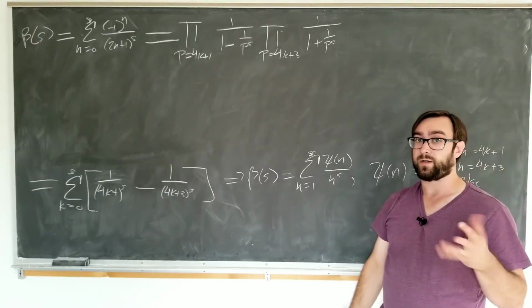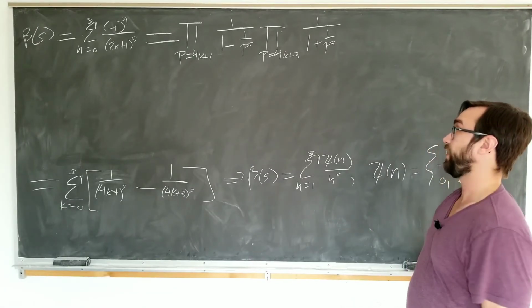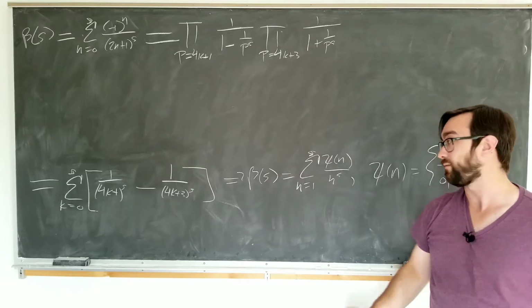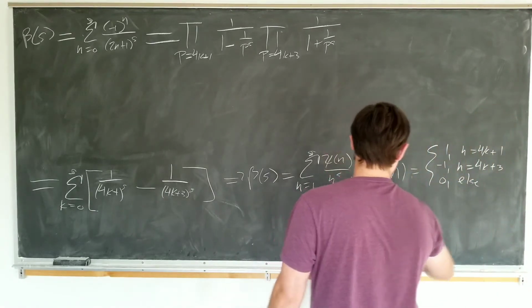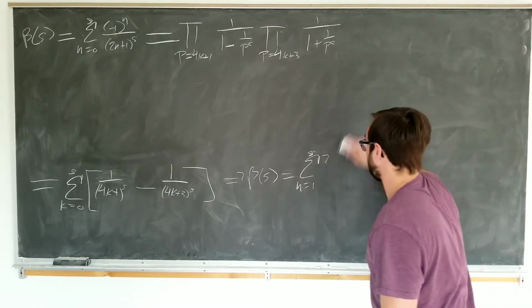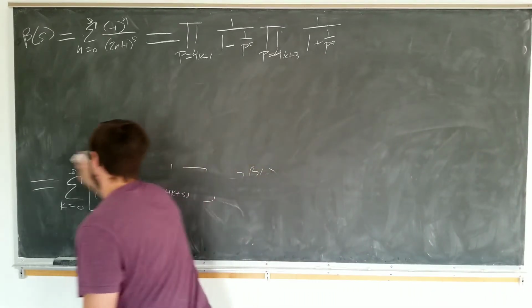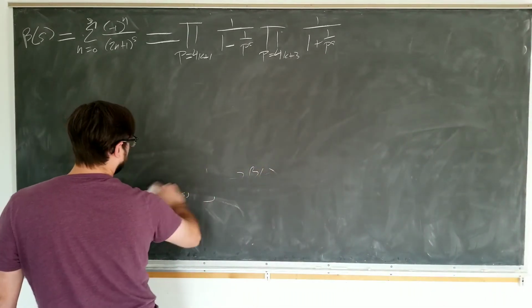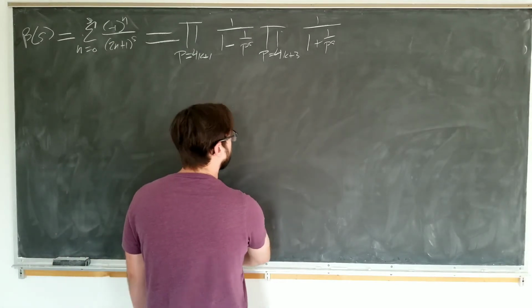What we're going to do now is basically what we did before with the zeta function. We're going to set s equal to 1, see what we can find out. Should be pretty interesting. All right, what happens if we set s equal to 1?